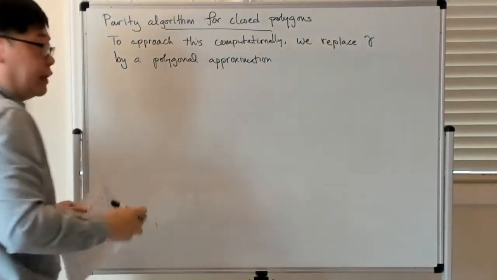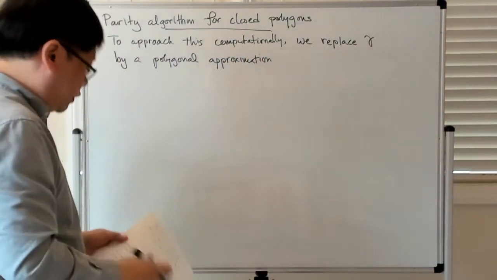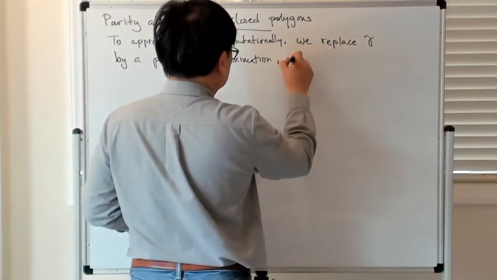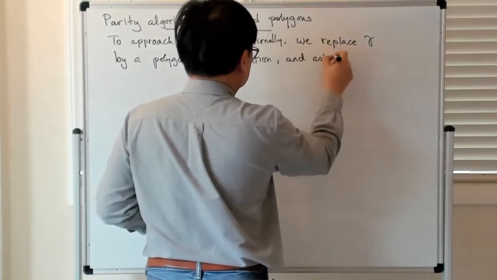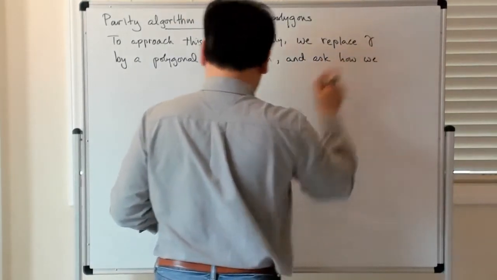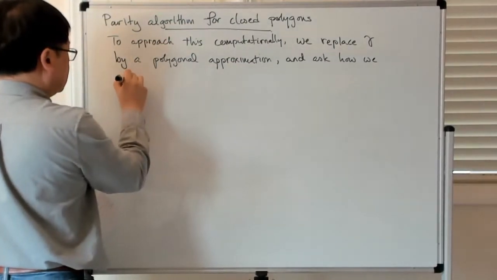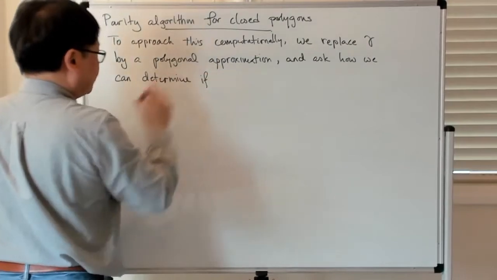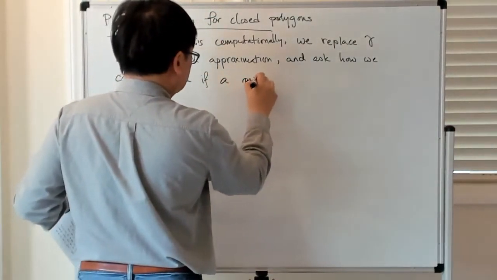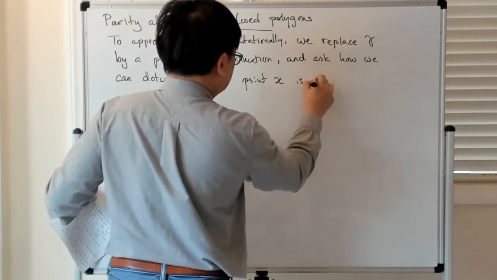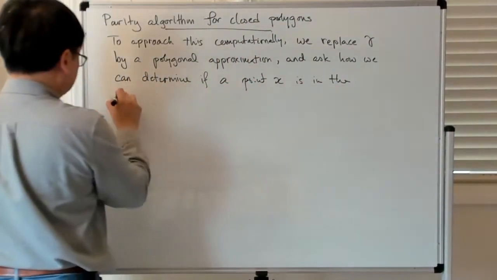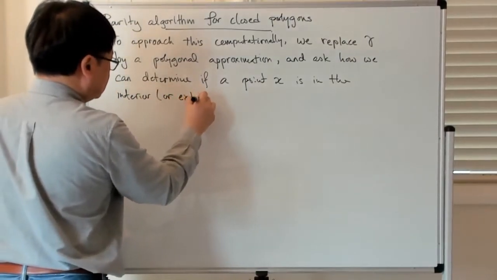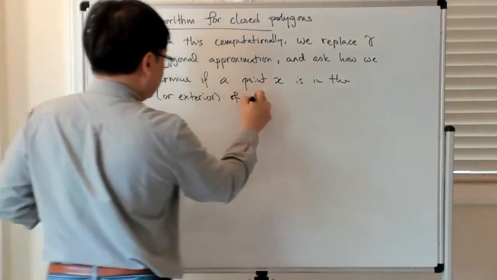And then you ask how we can determine whether or not you're in the interior or exterior of a closed polygon. If a given point x is in the interior or exterior of a closed polygon.